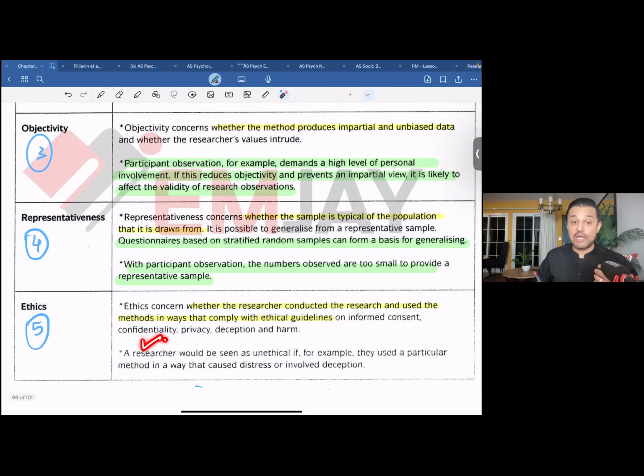Number two, confidentiality. What does confidentiality mean here? If you're conducting research, make sure you do not publish the names or anything that helps anyone trace back the people you collected data from. If you're conducting research on, let's say, sociology students from a particular college, make sure you're not naming the college, and not naming the students.